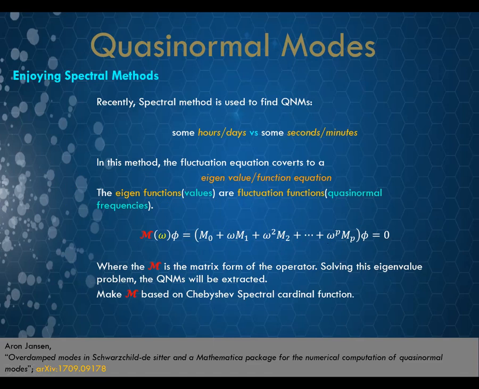Omega means the quasi-normal frequencies, and writing it in this form, we can find the eigenvalues as quasi-normal frequencies.